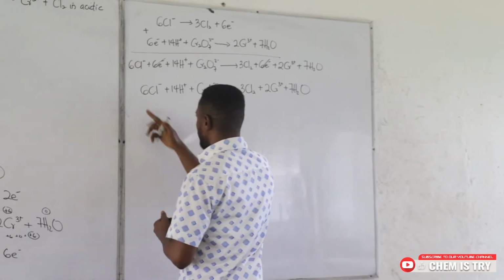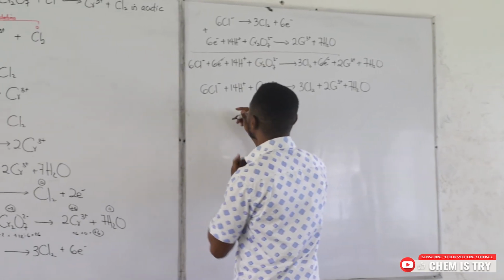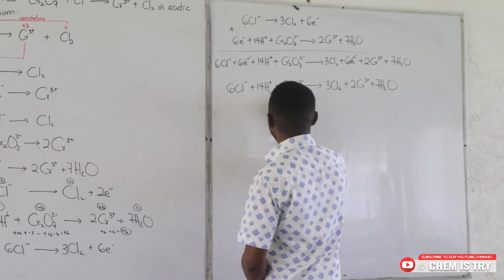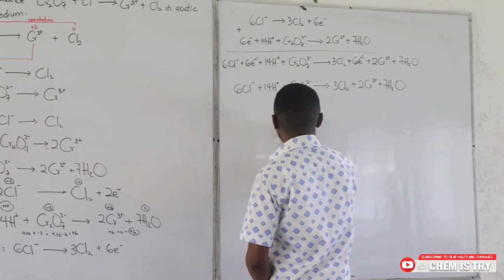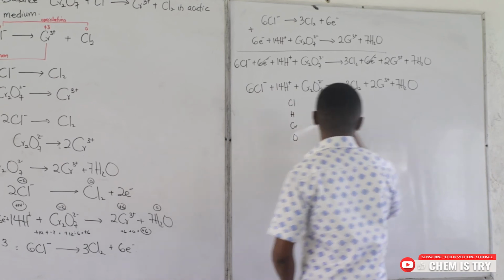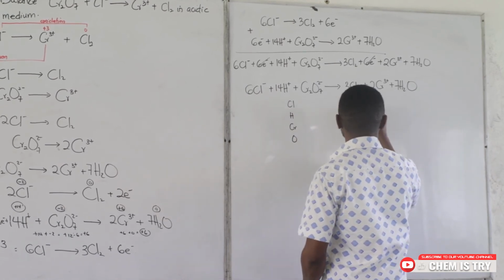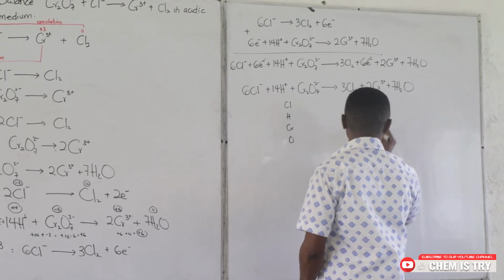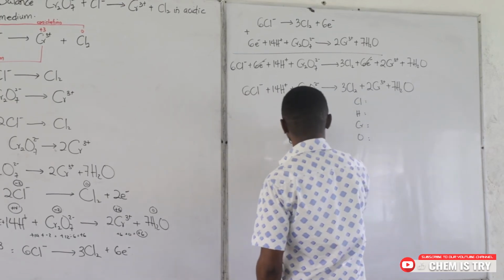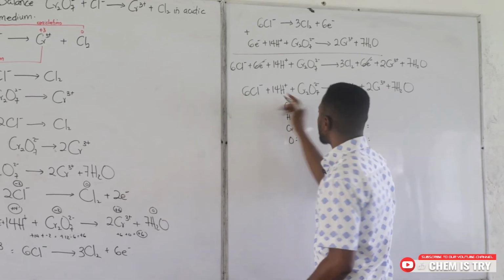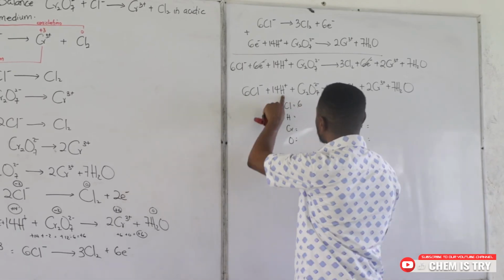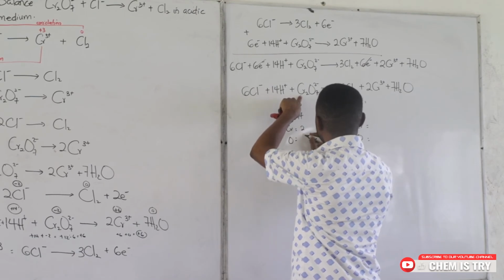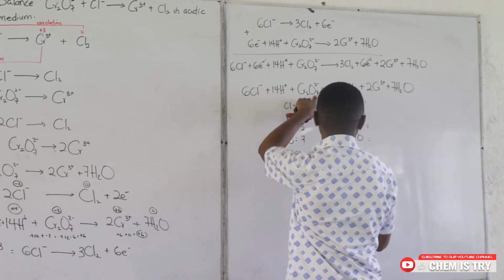Now, the atoms here we have chlorine, hydrogen, Cr, and O. On the product side, we have chlorine, hydrogen, Cr, and O. Now, chlorine over here is 6, hydrogen ions is 14, Cr is 2, and oxygen is 7.